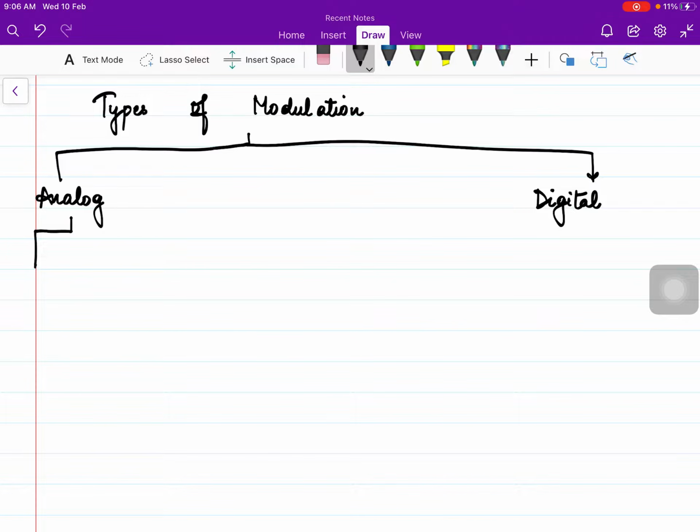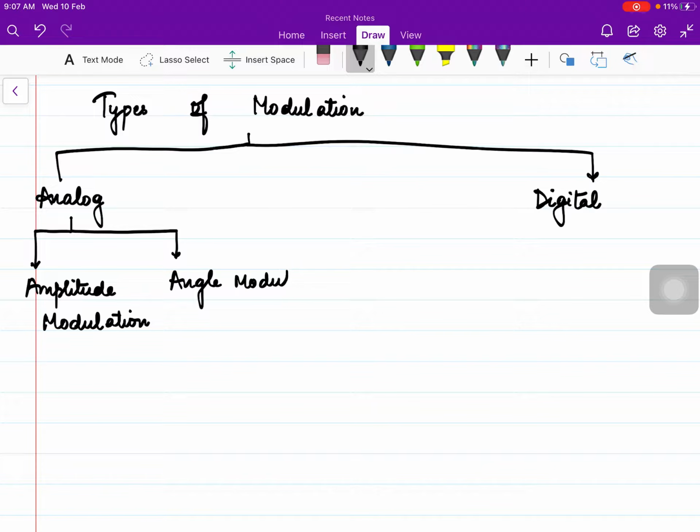So analog modulations are mainly of two types. One is amplitude modulation and the other one is angle modulation. Angle modulation is then of two further types, that is frequency modulation and phase modulation.